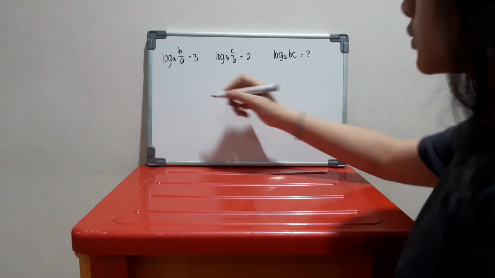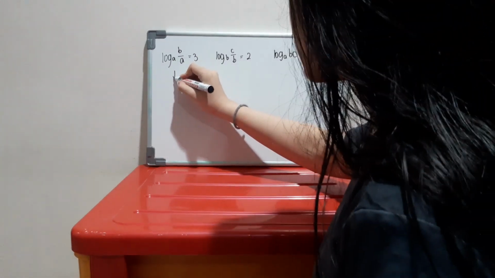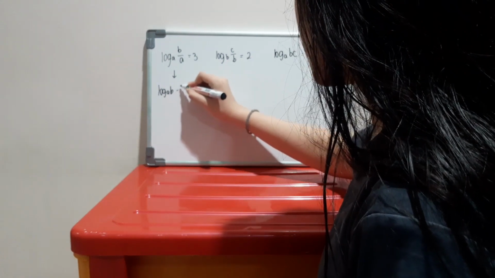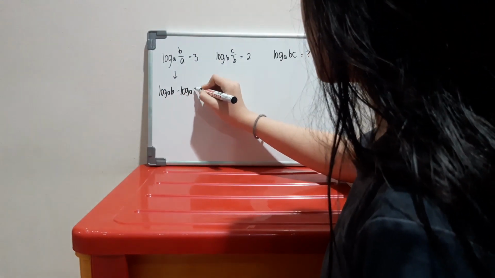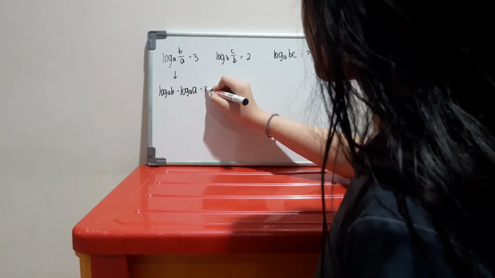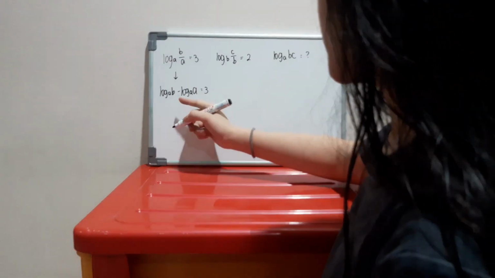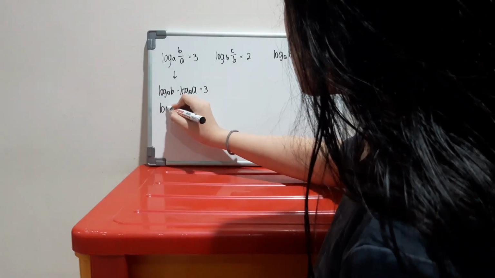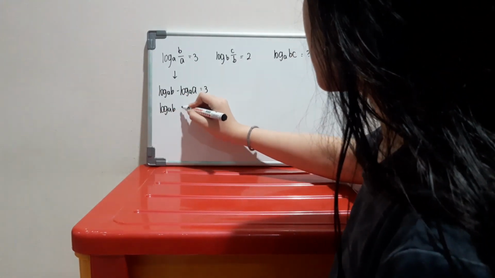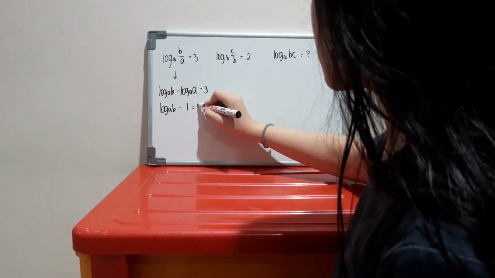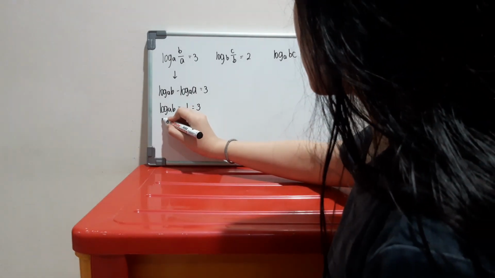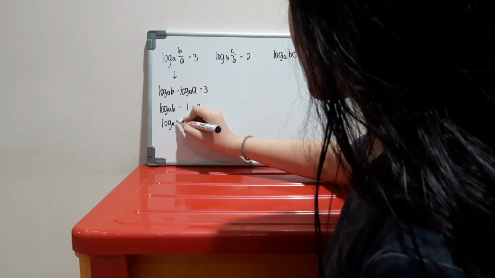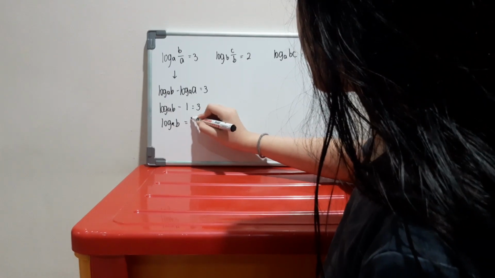According to the quotient rule, we can change this form into log base a of b minus log base a of a, equal to 3. We know that log base a of a is equal to 1, so log base a of b minus 1 is equal to 3. Moving 1 to the other side, we have log base a of b equal to 4.